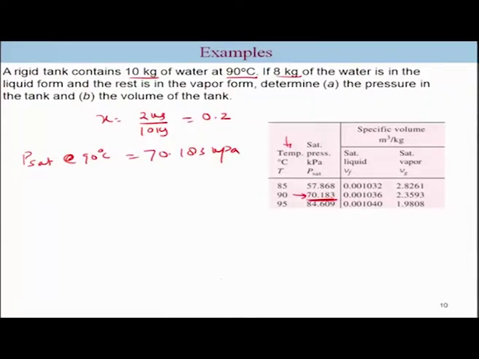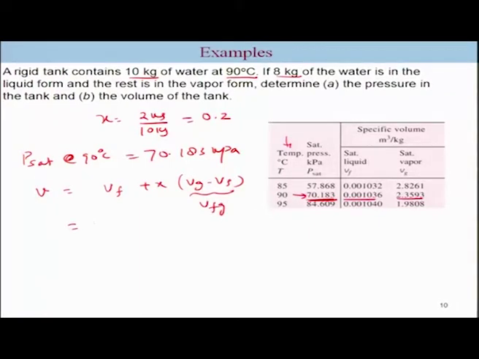Now, what is the volume of the tank? So, volume of the tank, we can simply use this information that the V_f and V_g is this. So, V is V_f plus x times (V_g minus V_f), that is of course V_fg.